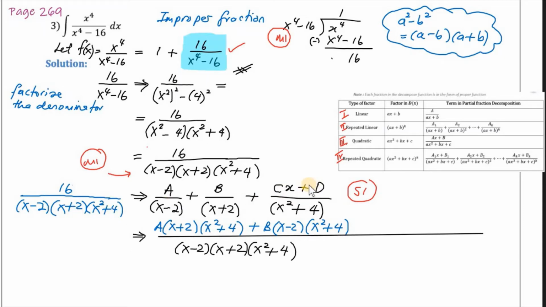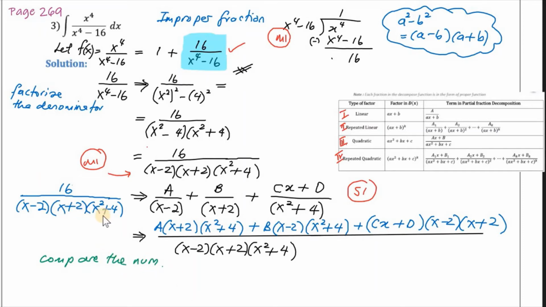Multiply all this and put it beside this Cx plus D. Let me write it down: plus Cx plus D. You put it down, x squared plus 4 cancels off, so we are left with the factor of x minus 2, x plus 2. Only after you have got that can you compare the numerator values and get your equation.